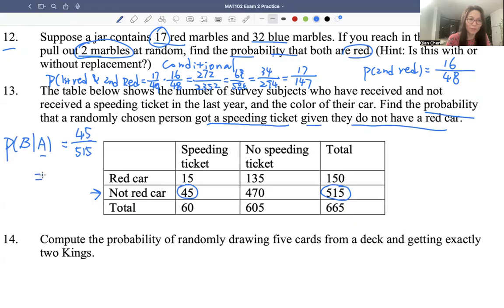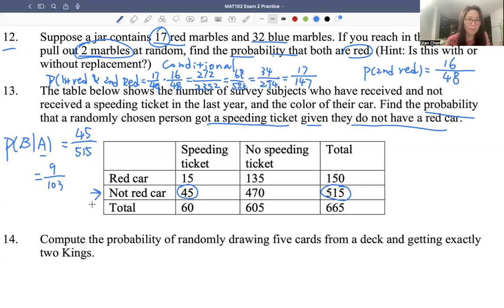So that's 45 divided by 515. Then we can simplify. 45 divided by 5, we get 9. 515 divided by 5, what do we get? We get 103, isn't it? Yes, 103.